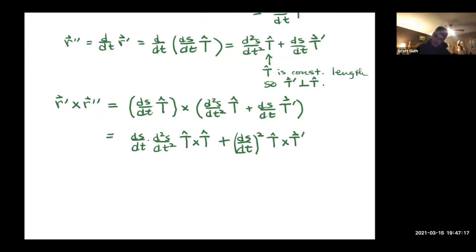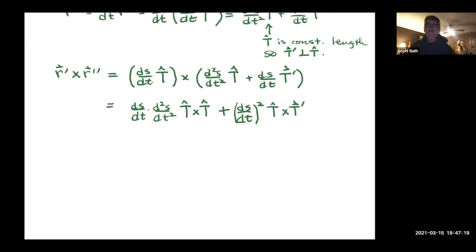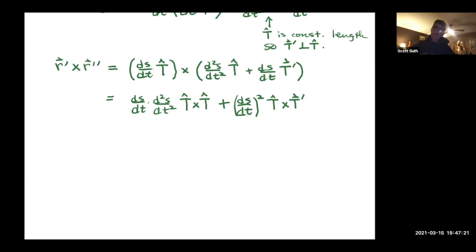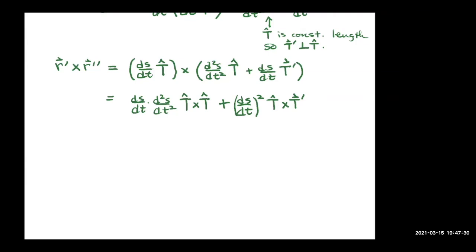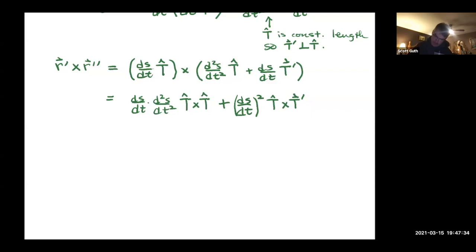Okay, so something is 0. Can anybody tell me what's 0? Unit vector T cross unit vector T. Yes. A vector crossed with itself, or any vector crossed with another vector that's parallel to it, will give a 0.